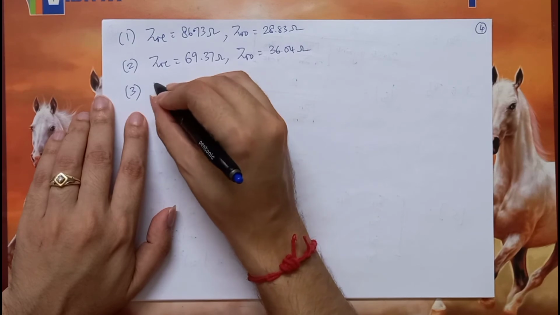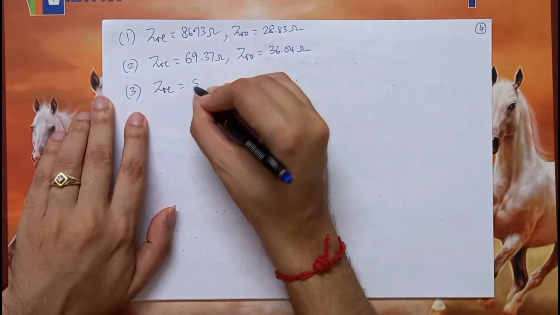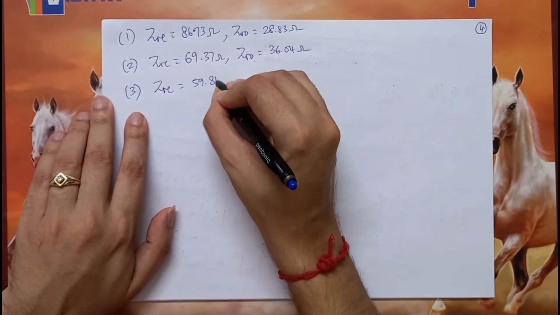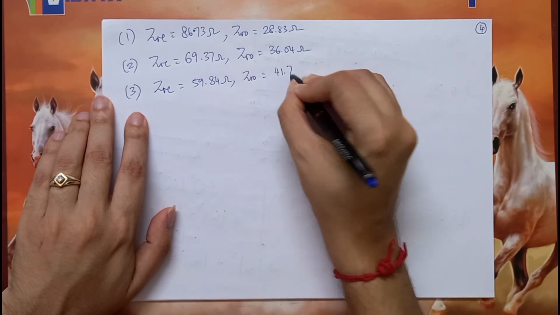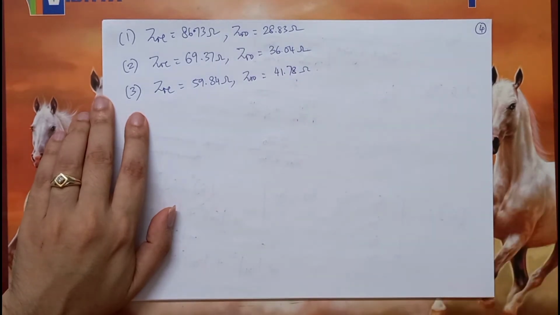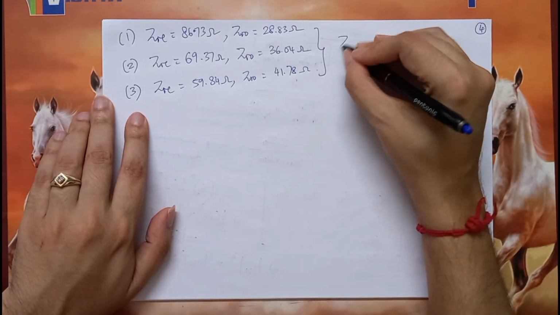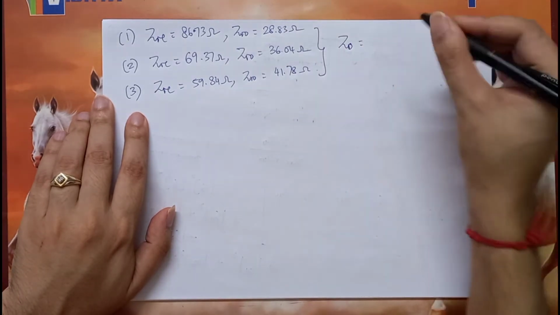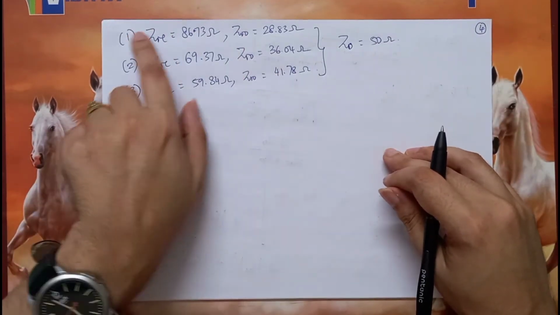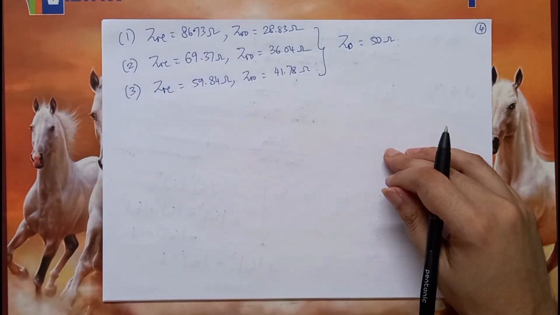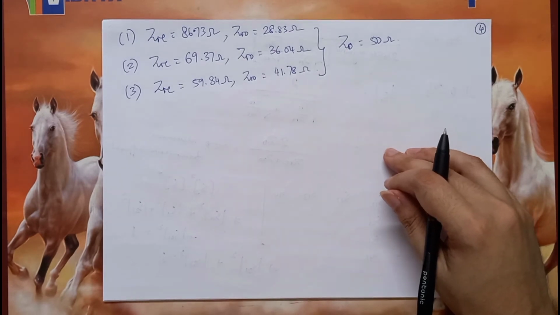And case 3 is when Z0E is 59.84 ohms and Z0O is 41.78 ohms. Once again, Z0 is 50 ohms for all of these three cases because it is the geometric mean of both of these even and odd mode impedances.